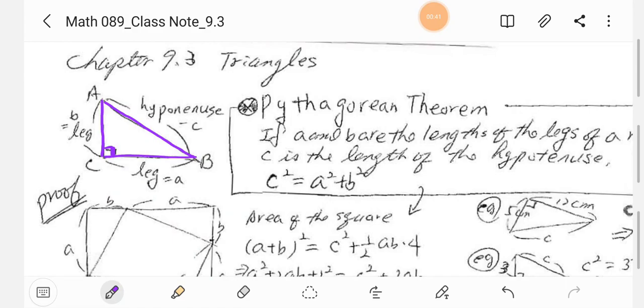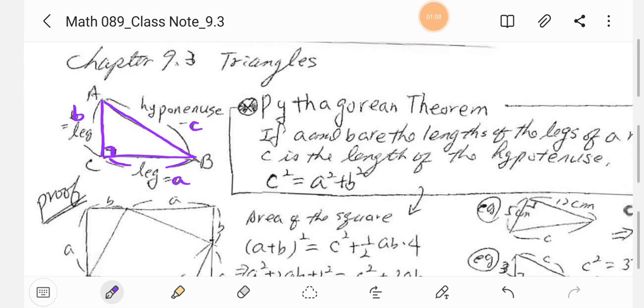In this right triangle, this side is A, this side is B, and the hypotenuse is C. Look at this. Each corner is A, B, C, and the side opposite the corner, the vertex, has the same letter.